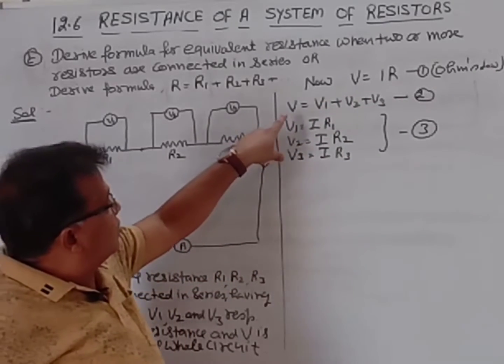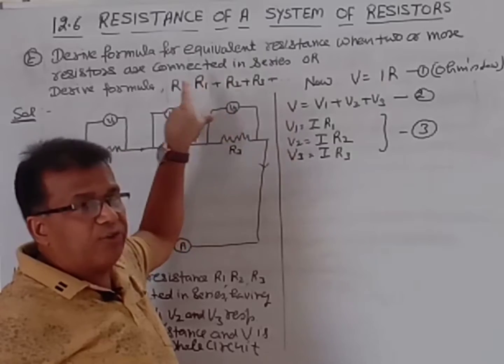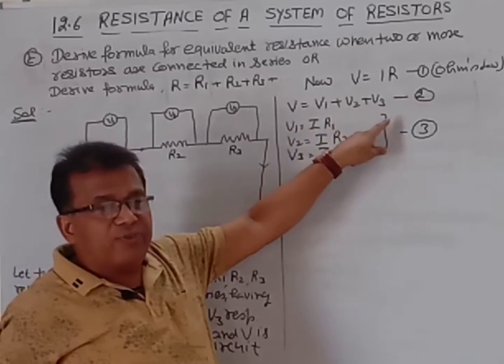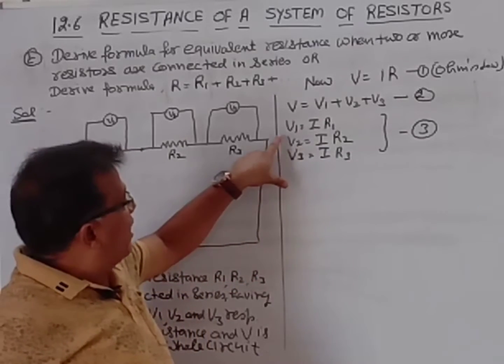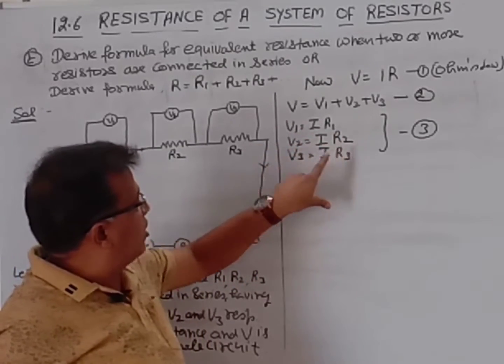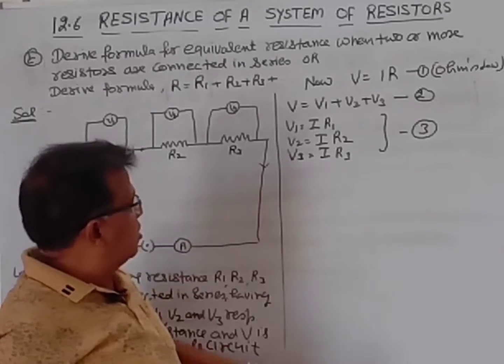By Ohm's law, V is equal to IR. We know that the sum of the potential differences of the whole circuit is equal to the sum of the potential differences of individual resistors, and V1 is equal to IR1, V2 is equal to IR2 and V3 is equal to IR3.